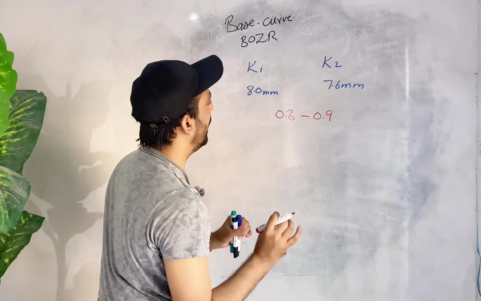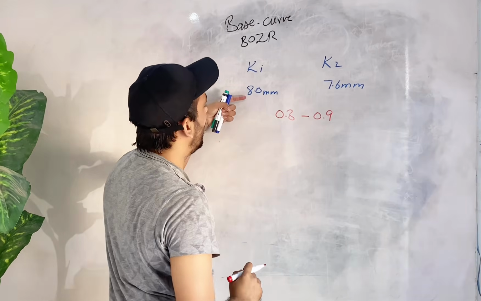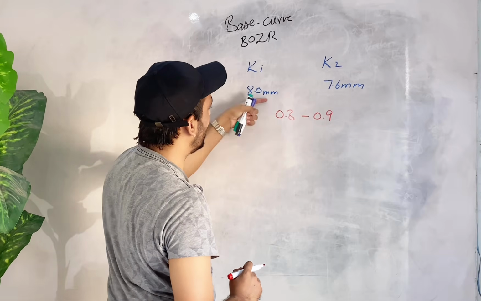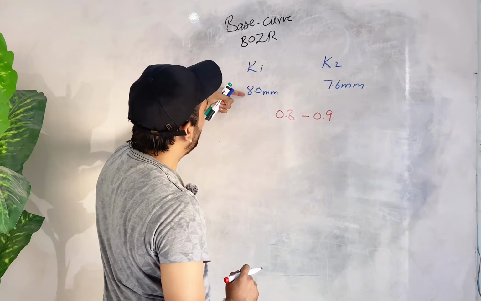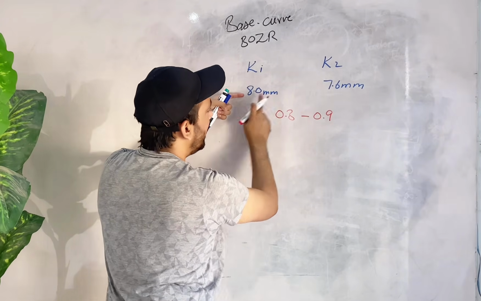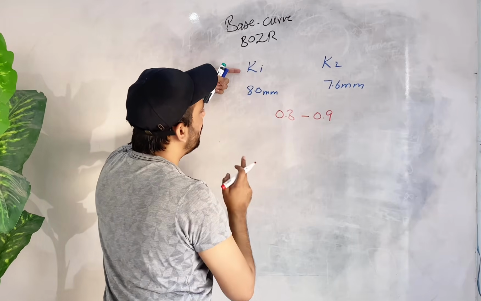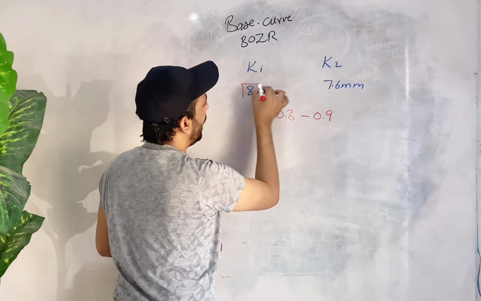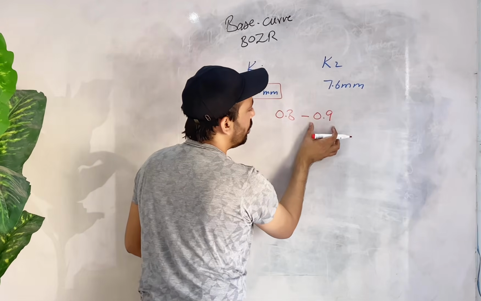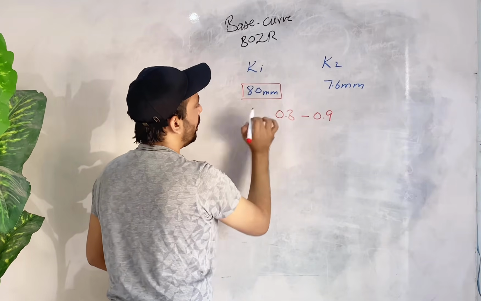So tell me which is the flattest one. We have discussed that when we increase the base curve, the lens will be flatter. 8 is bigger than 7.6, right? So 8.0 mm is the flattest, and we have to add 0.3 and 0.9 to the flattest K reading.